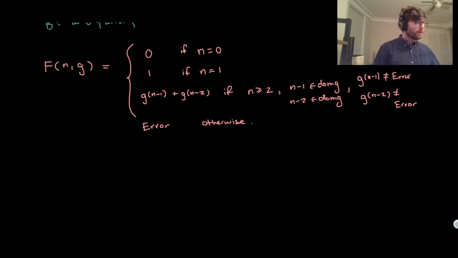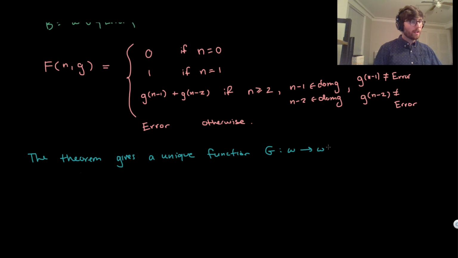The recursion theorem gives a unique function g from omega into omega union the error term, such that for each natural number n, g of n is going to be f of n, and then what's going to be our partial function?